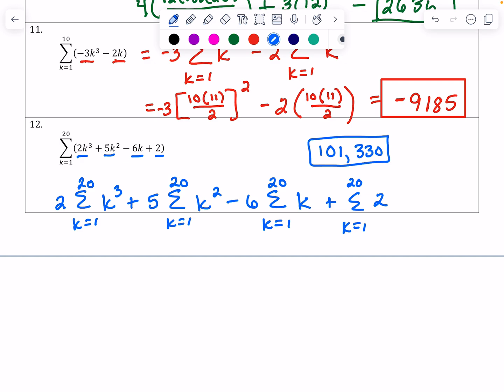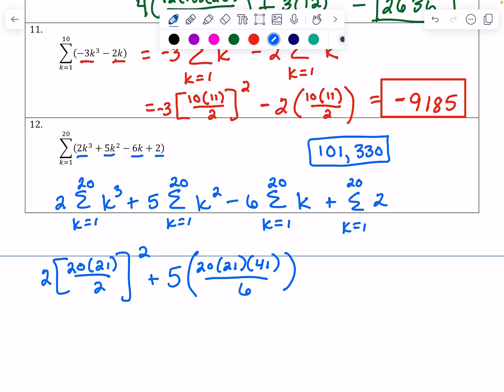And then since our n is 20, we're going to get 20 squared times 21 divided by 2, squared, plus 5 times this long one: 20 times 21, 2 times 20 is 40 plus 1 is 41, over 6, minus 6 times 20 times 21 over 2, plus 2, 20 times. So 2 times 20. And that is how I arrived at my answer.